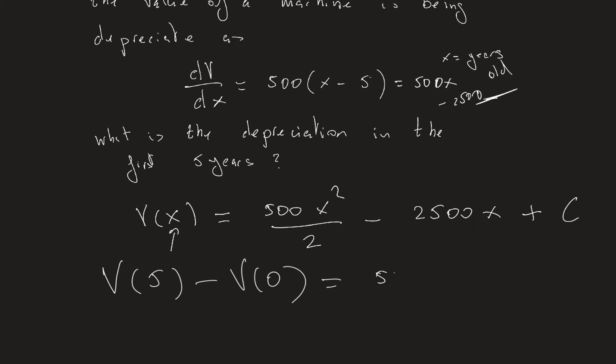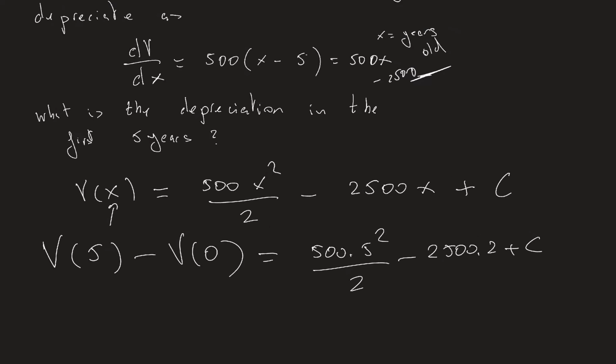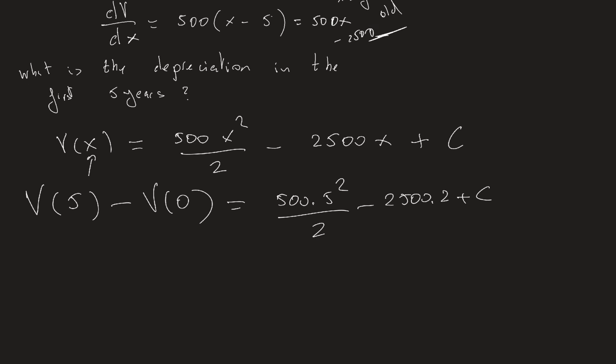v5 is 500 times 5 squared divided by 2 minus 2,500 multiplied by 5 plus c. Minus v0, but v0 is just c. If you plug in 0 here, this will be 0, this will be 0.